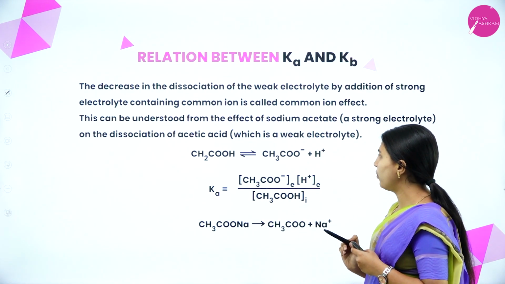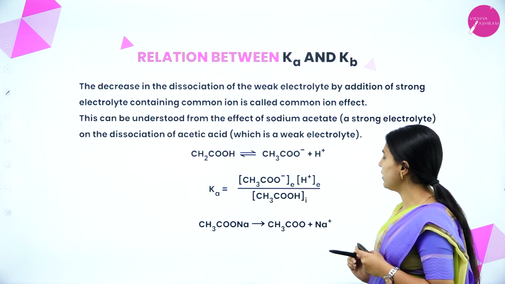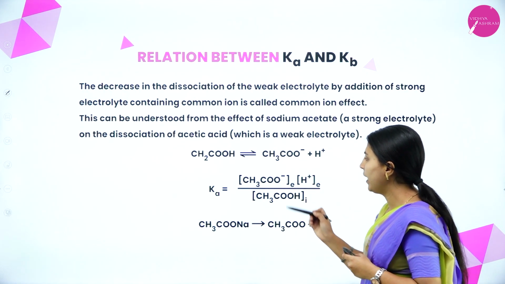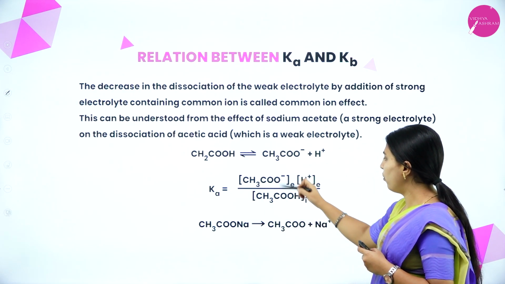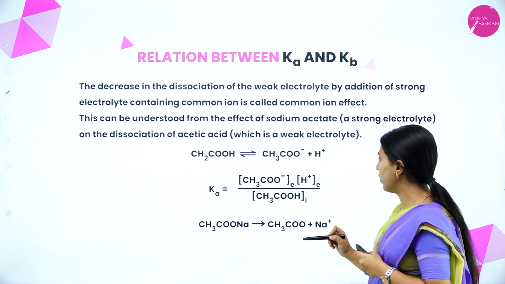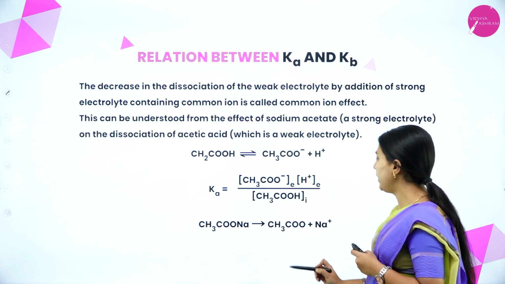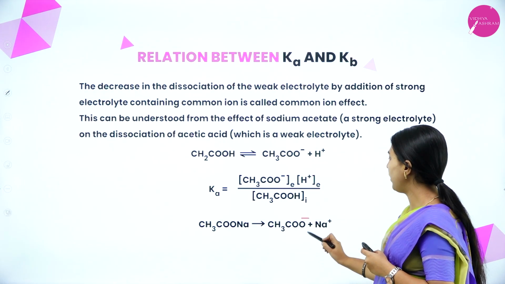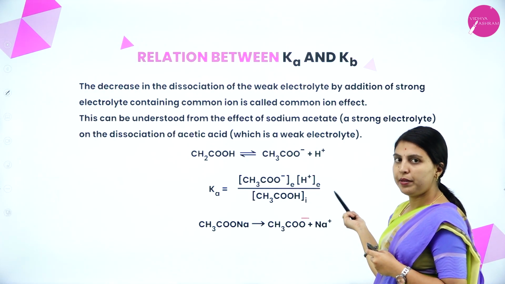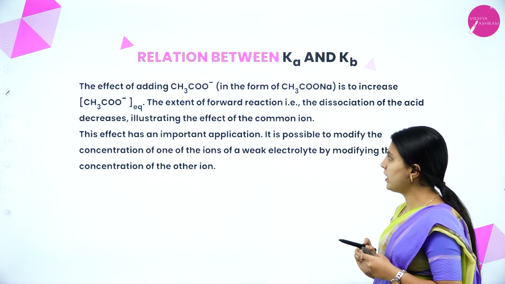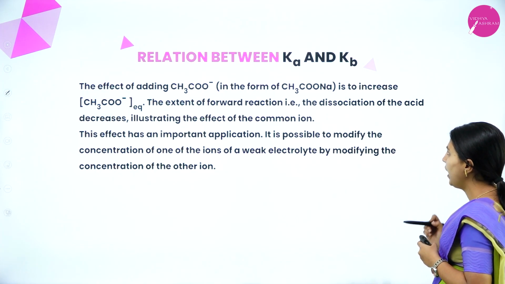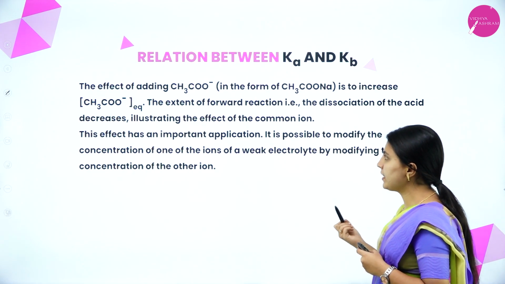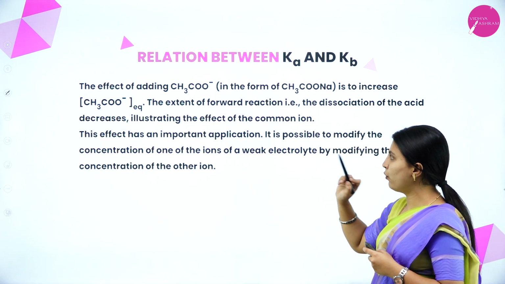CH3COOH gives CH3COO minus plus H plus. This is Ka, the overall equilibrium constant. CH3COONa gives CH3COO minus plus Na plus. The effect of adding CH3COO minus in the form of acetate is to increase the CH3COO minus concentration.